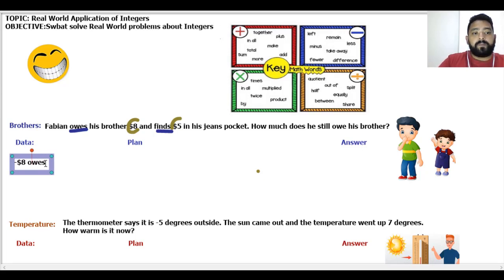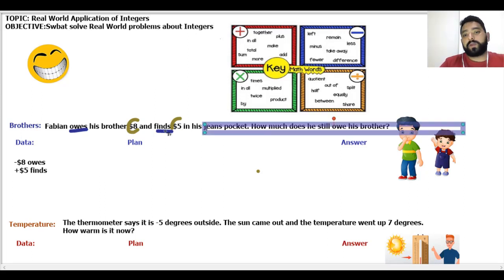But then he finds $5, so we're going to write positive $5. You can say positive $5, but it's just to represent the values. Now you have to think about the operation. What operation can you use, or what do you have to do? And then you will answer the question.